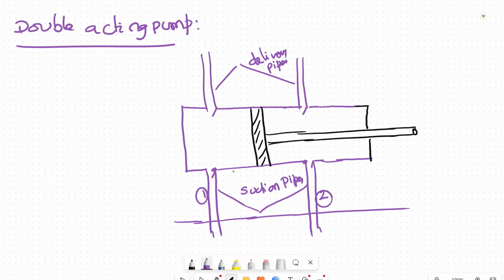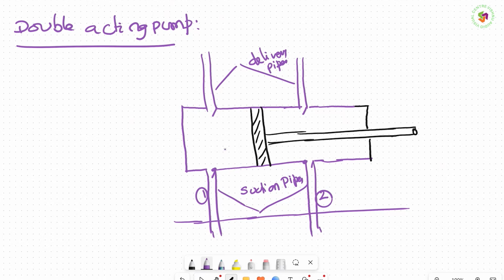In the first set, when theta goes to 180, the liquid is being sucked into the cylinder. When theta is from 180 to 360, it is delivered, and the piston is being pushed forwards.